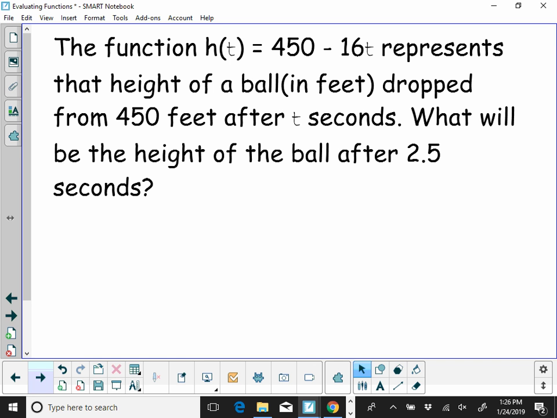The next sentence, what will the height of the ball be after 2.5 seconds? 2.5 goes in for what letter?